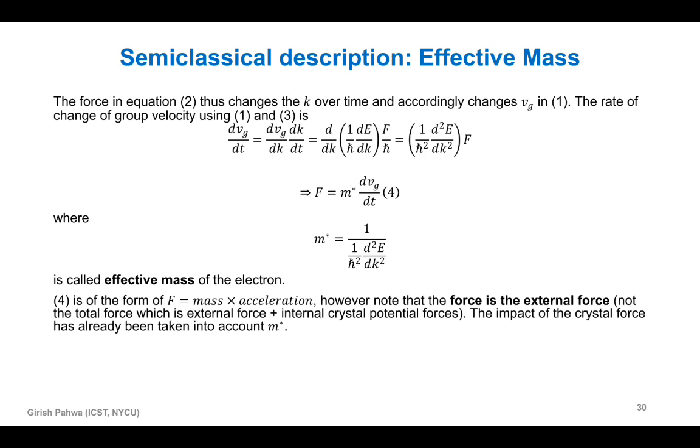Although the form of the equation is still Newton's law, because of the presence of the crystal there will be several things that do not hold true for a classical particle. For a classical particle, if you apply the force in a particular direction, it will keep accelerating. Its velocity will keep increasing. We will see that that will not be the case for a quantum particle or a particle which lies in a crystal.